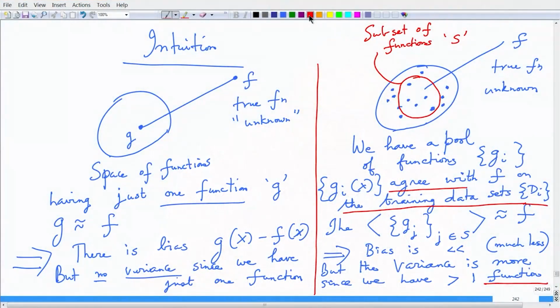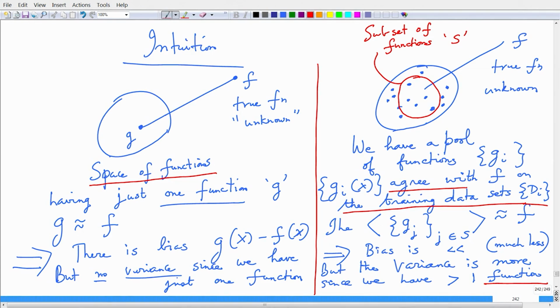Now, imagine I have a space of functions, and in this space of functions I have just one function which is g, which is acting on this data set. So, I have only one function acting on this data, and then I have this true function which is unknown.